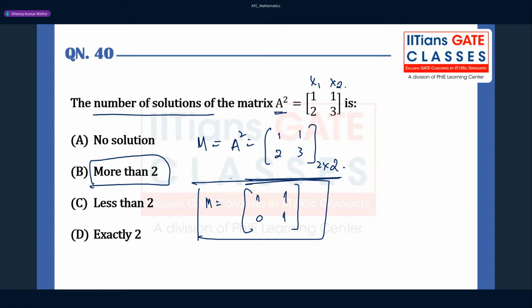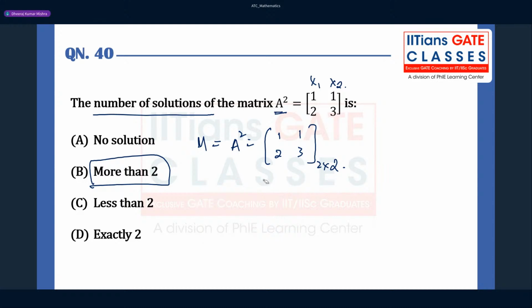So what we can do here is, it's very simple, you can do it by using elimination also, but you can also consider some matrix A, because we don't know the matrix A here, right? So you can consider some matrix A and then multiply.